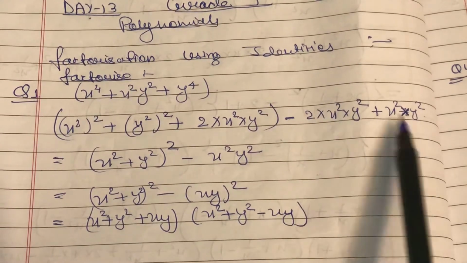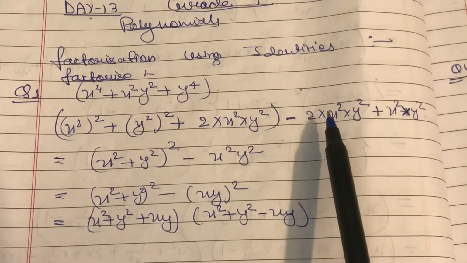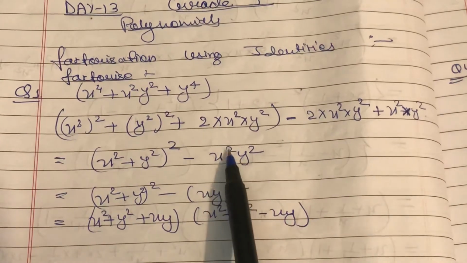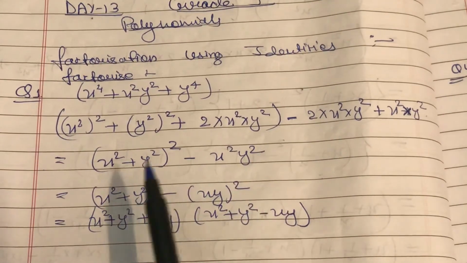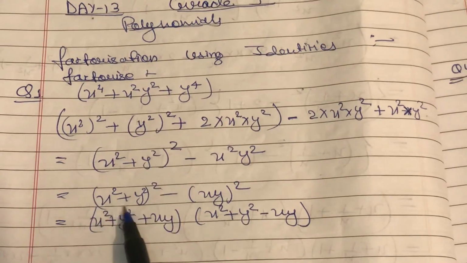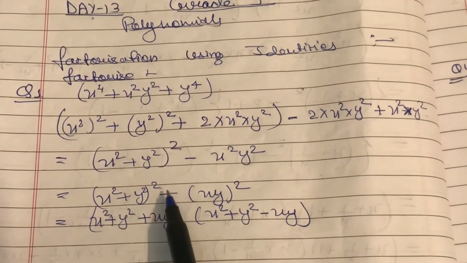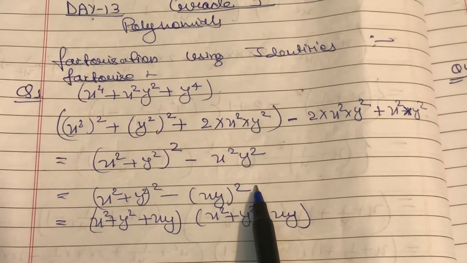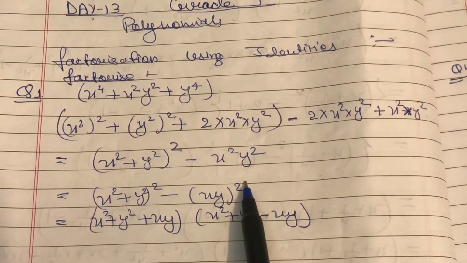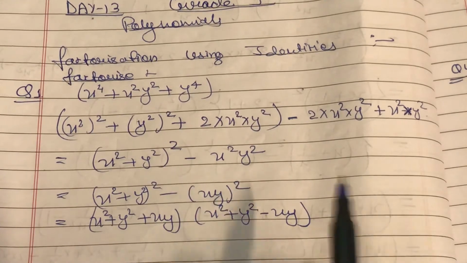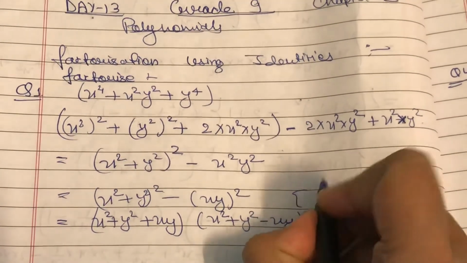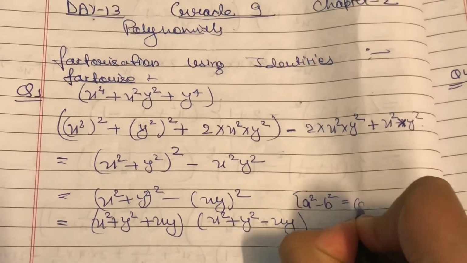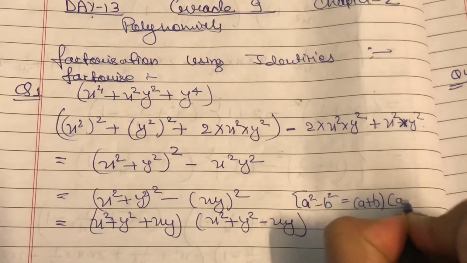So if I subtract this, I'll get minus x square y square. This can be written as (x square plus y square) whole square minus (xy) whole square. Now using the identity a square minus b square, as I told you that you need to write the identities also which you are using: (a plus b) into (a minus b).